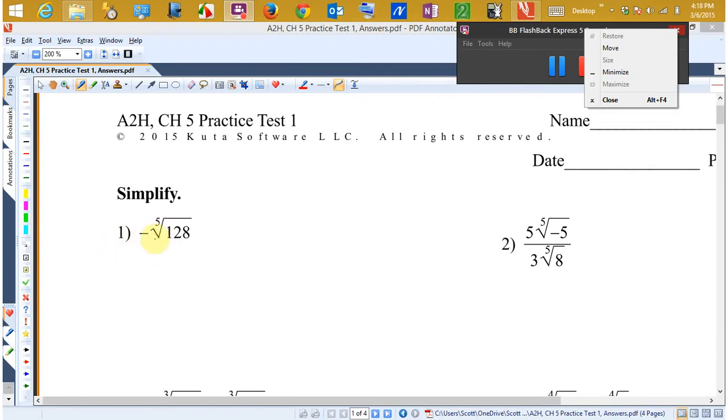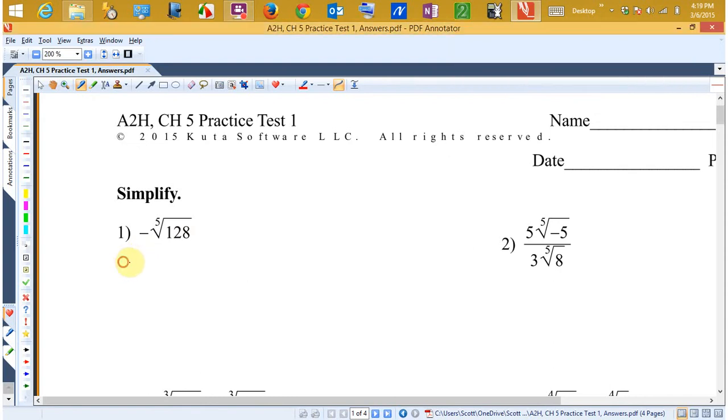So for this one, we've got a negative 128, and we're looking for the fifth root of that. So what we're going to do is break this negative 128 up, so it's negative the fifth root.